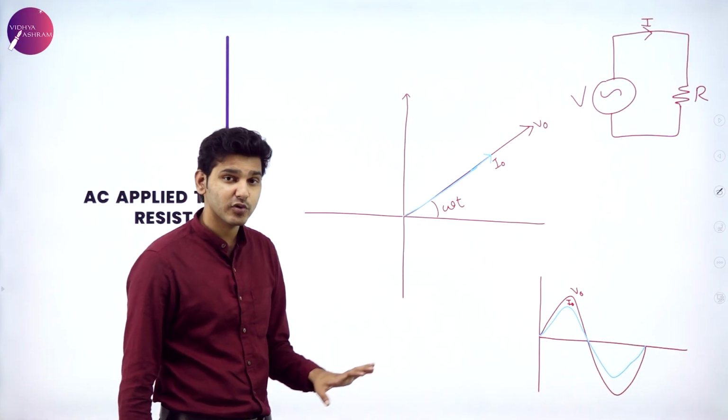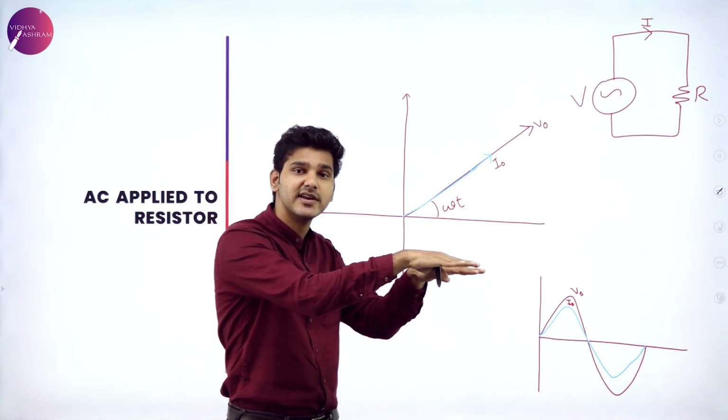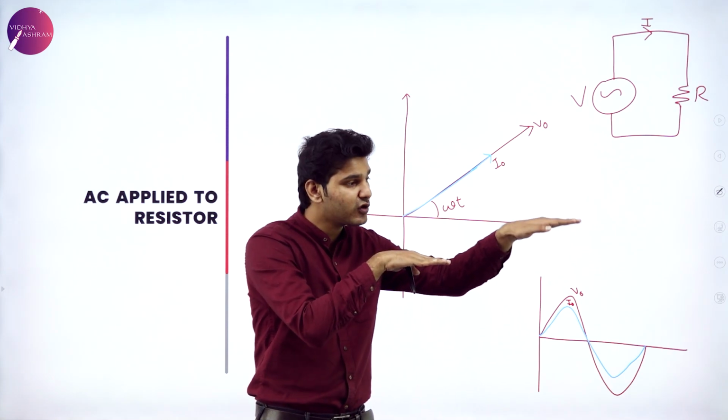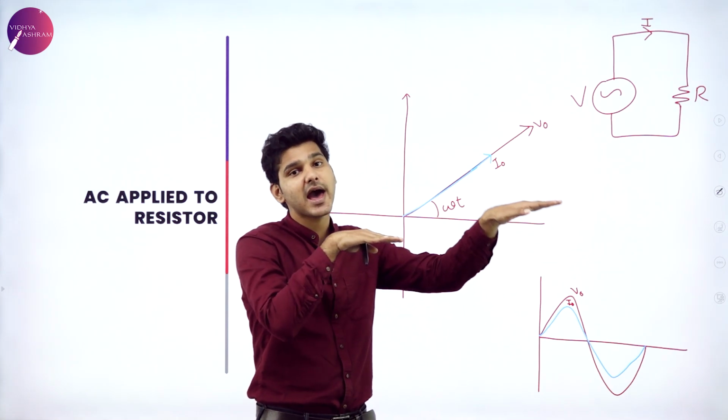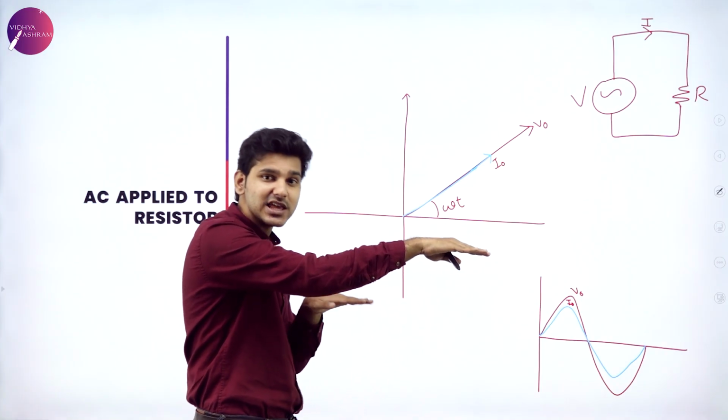So when current and voltage are traveling together, we can say both of them are in phase with each other. If current is coming behind voltage, we can say voltage is leading, and if voltage is behind current, then we can say voltage is lagging behind current.